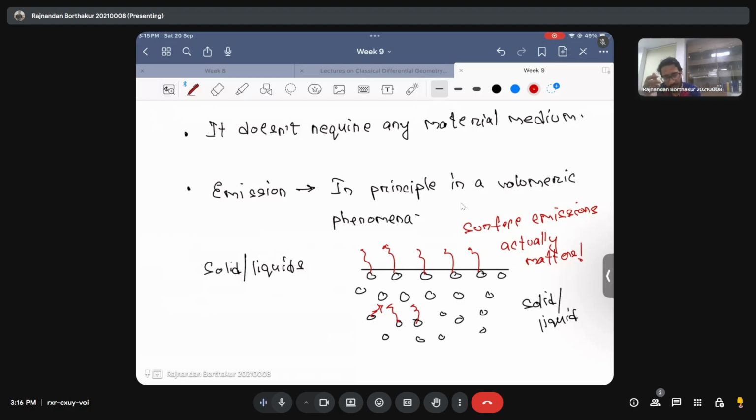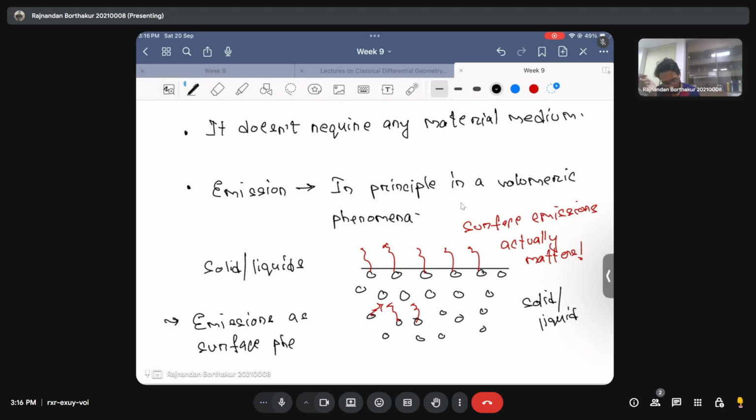And that's why in practical senses, we will consider emission as a surface phenomenon.